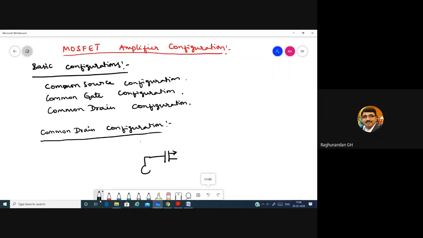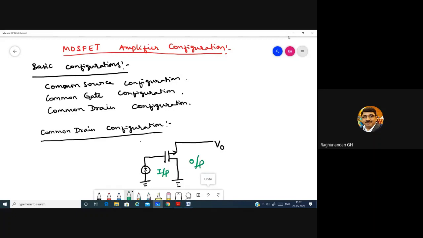In this case, we give the input to the gate terminal, and the drain will be common for both the output and input. So this is the output we are having. So this is the common drain configuration, because this is the input circuit and this is the output circuit. So these are the three configurations we are having.